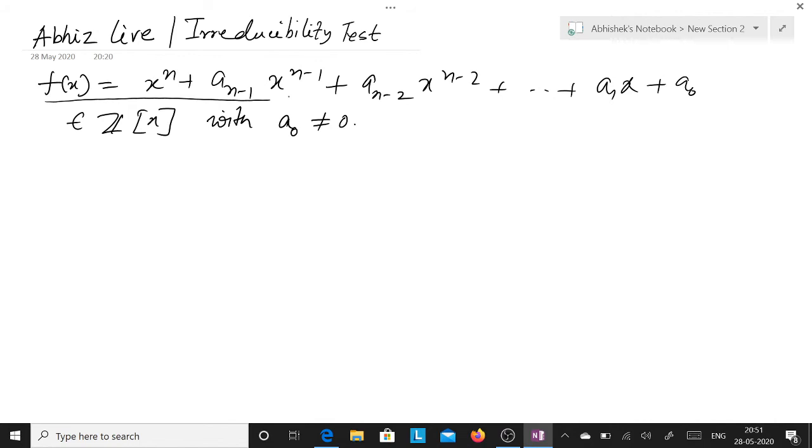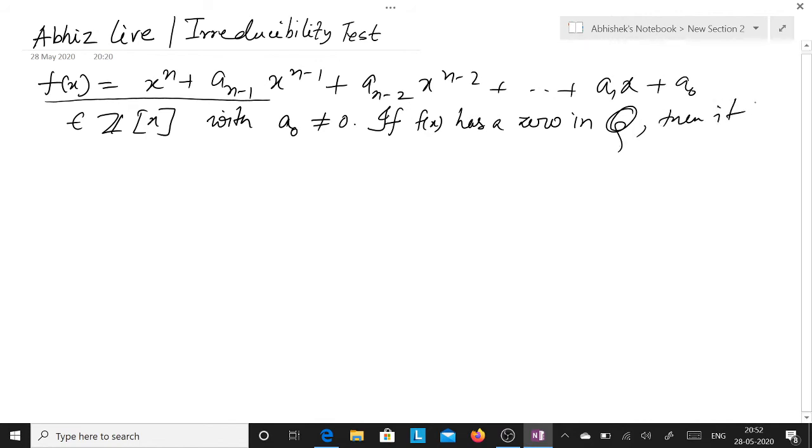Fine. So then it says that if f(x) has a zero in Q, that is, if f(x) has a zero in the field of rationals, then it has a zero, say k, and the zero lies in the ring of integers.